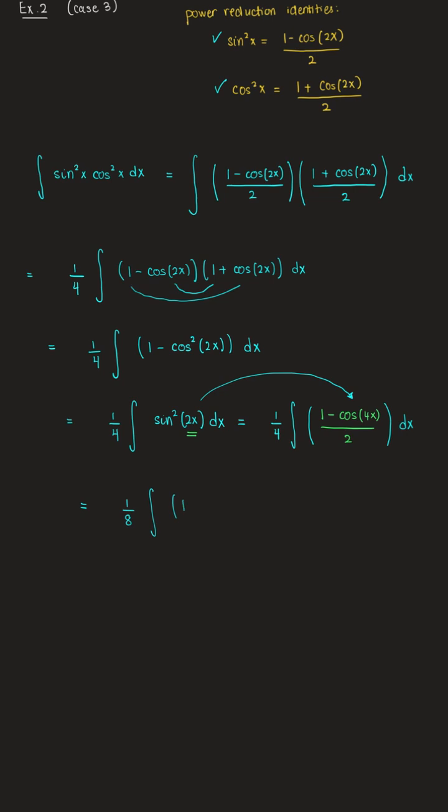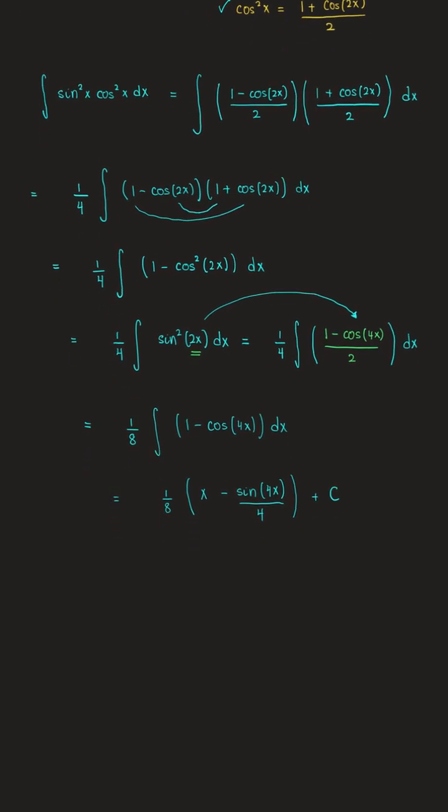Integral of 1 minus cosine of 4x, and now we're actually ready to integrate. So this is going to give us 1/8 times x minus sine of 4x. Antiderivative of cosine is sine, but we have to divide by that 4 since we're undoing the chain rule, and then we have a plus our arbitrary constant.